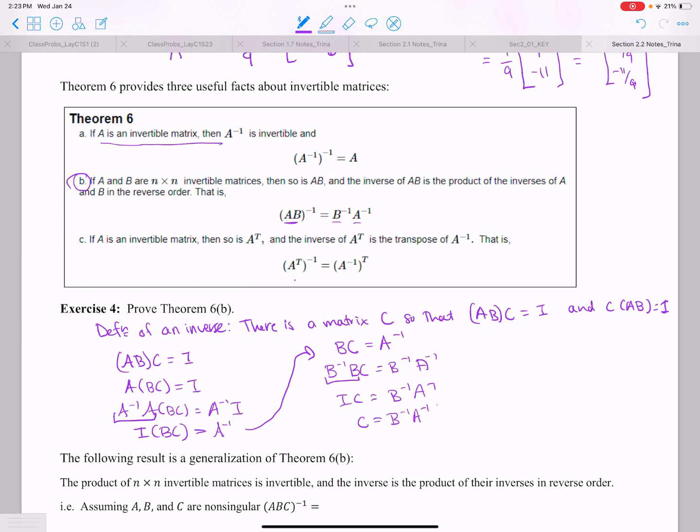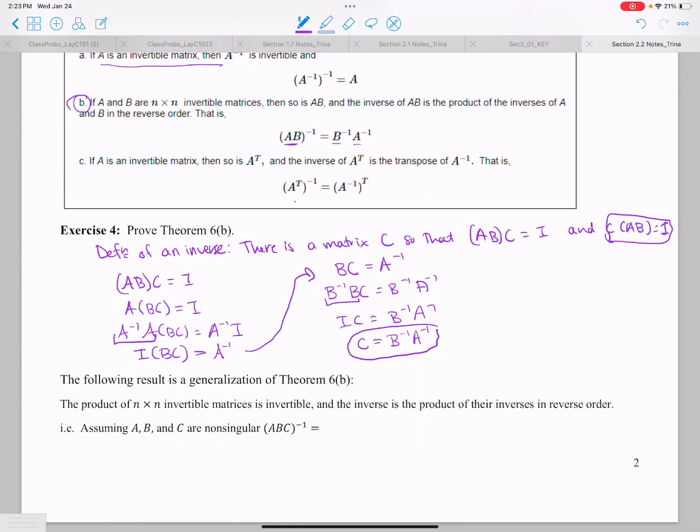So I see that C is B inverse times A inverse. And you can repeat that for this also. So just as a generalization from the theorem we just proved, if you had more than two matrices multiplied together and then try to invert it, it would reverse the order of all of them. So you'd have C inverse, B inverse, A inverse for the identity.